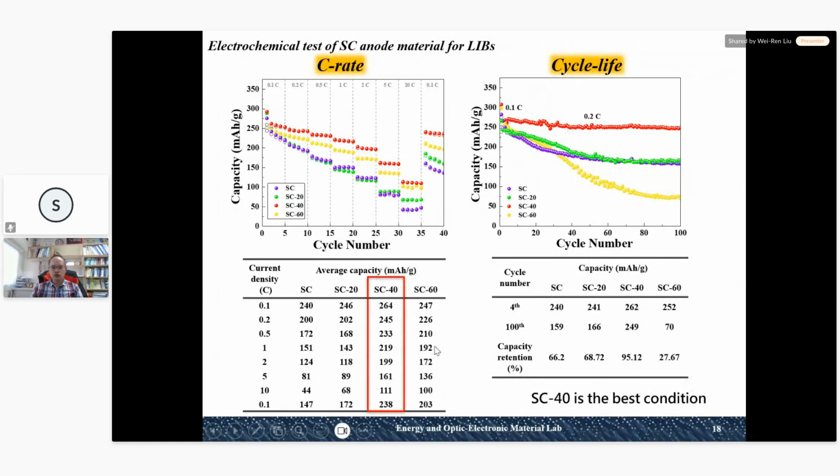Using the plasma treatment for 14 times gives very good rate capability and very good capacity retention. After 100 cycles, the capacity retention is as high as 95.12%.